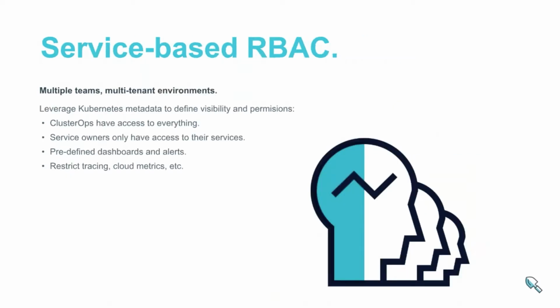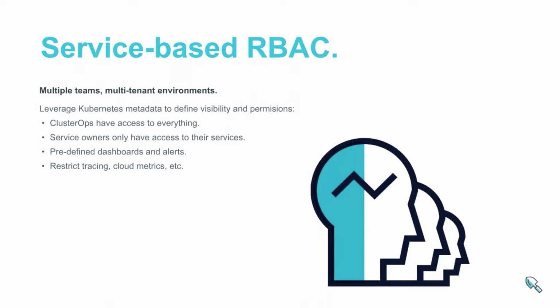But what's even more interesting and actually amazing is being able to leverage all those labels and metadata that we have in our orchestration tool to define how different teams, how different users have access to different metrics coming from different parts.